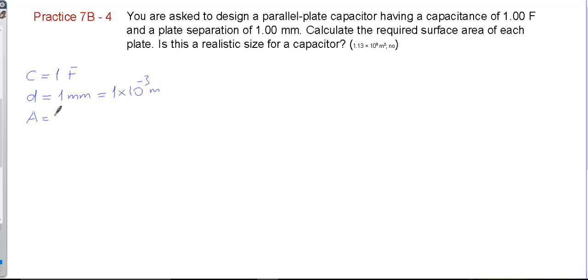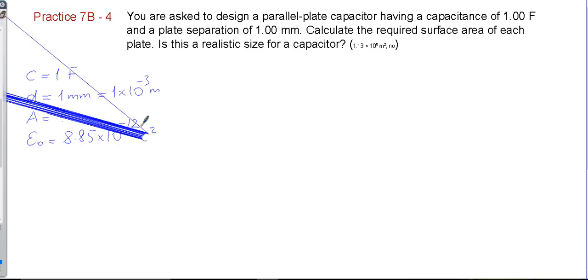A. Friends, when we construct or design a capacitor, we know that here we use epsilon 0, and it is 8.85×10^-12 coulomb square divided by newton meter square.